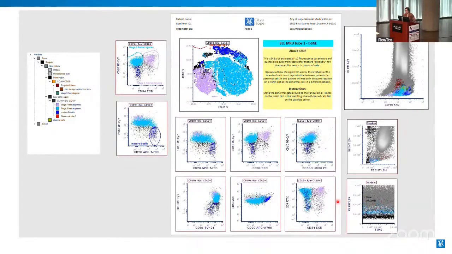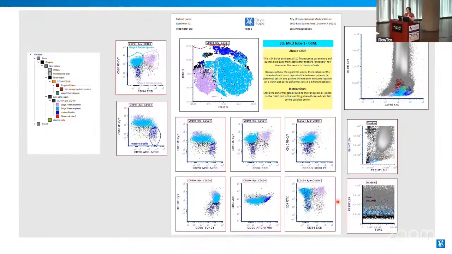So we use FCS Express for our analysis, and this is what my FCS Express window looks like. And what I do is I float that gate around the various islands of the T-SNE plot. And by the way, I realized that I didn't go over T-SNE in the very beginning, but there was a great talk about it yesterday.